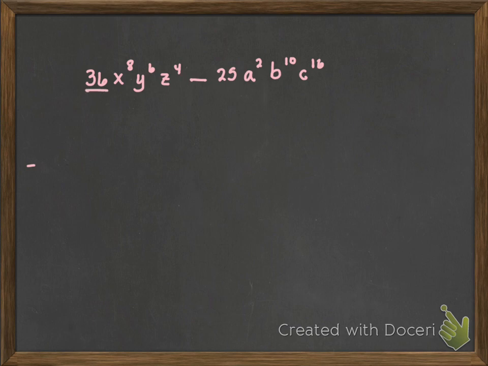36 is a perfect square. 25 is a perfect square. We've got the difference between them. Now we need to look at the variables. If we're dealing with perfect squares, that's based on an index of 2, okay? If you take your exponents here, your 8, your 6, your 4, your 2, your 10, your 16, all of those are even numbers.